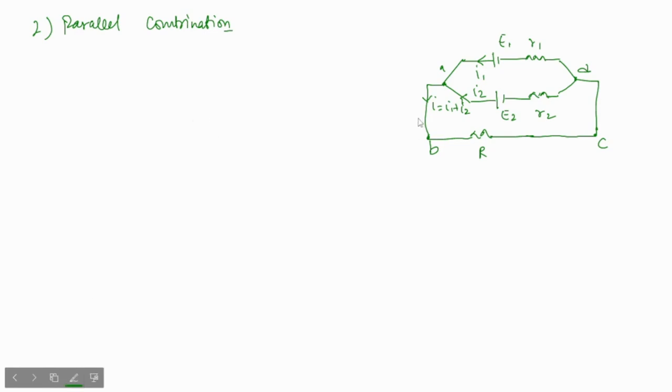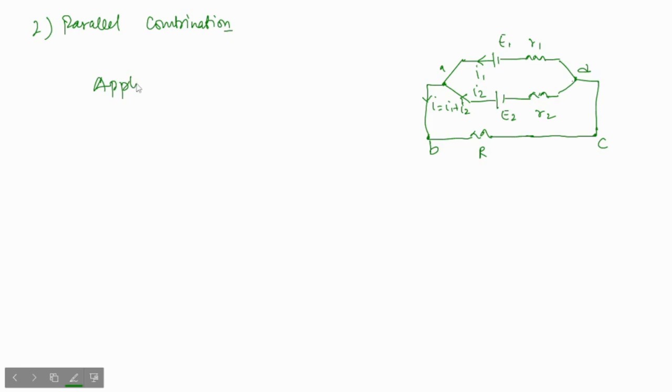Now we are going to apply KVL in this loop. In which loop? In this loop A, B, C, D, E1.